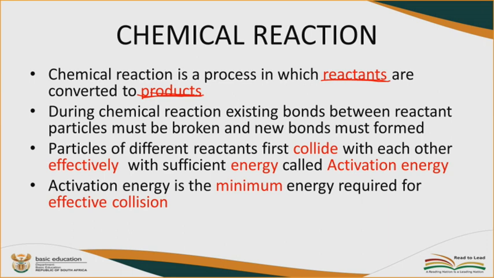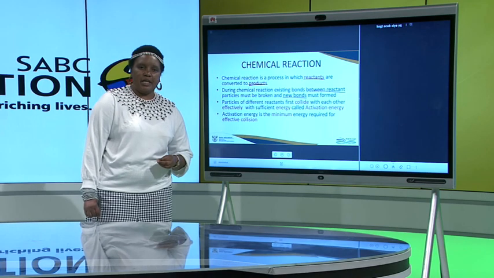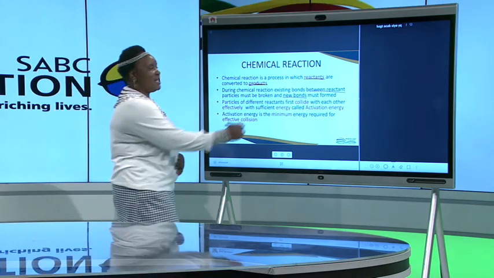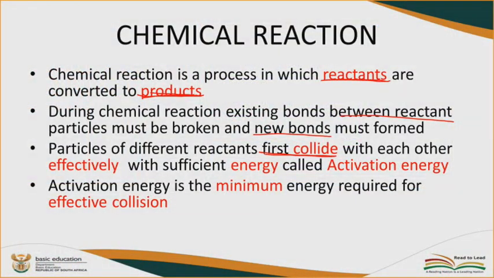What happens during a chemical reaction? During a chemical reaction, the existing bonds found between the reactants are going to be broken down and new bonds are going to be formed. But what makes these bonds break? In order for the bonds to be broken, the particles must first collide.